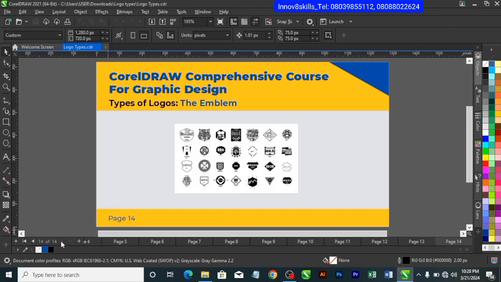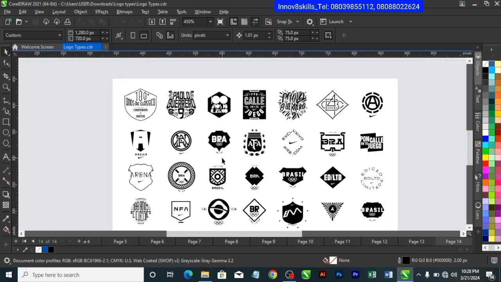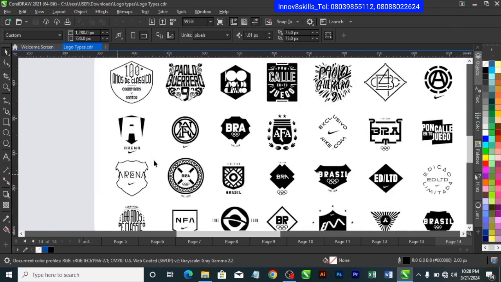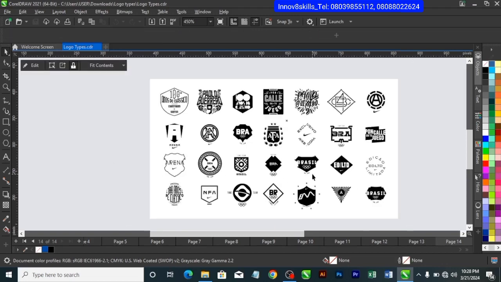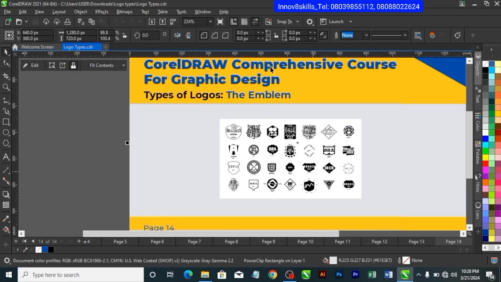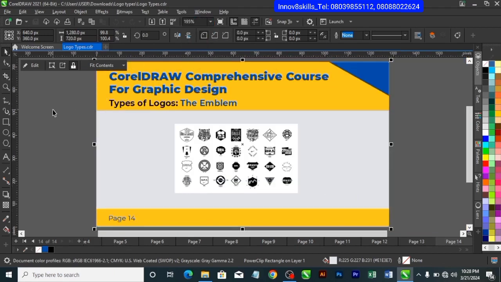Let me see if I have an example of it here. You see all these badges, most of them make use of this kind of emblem. You have typography inside an icon like this. These are very common among schools and other organizations like that.